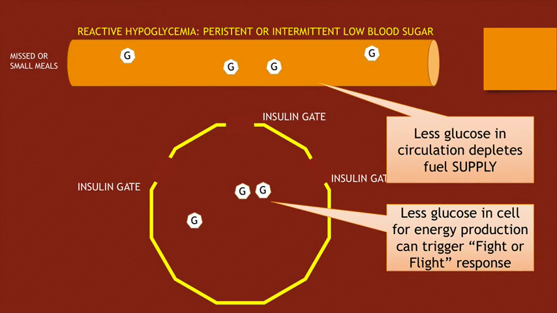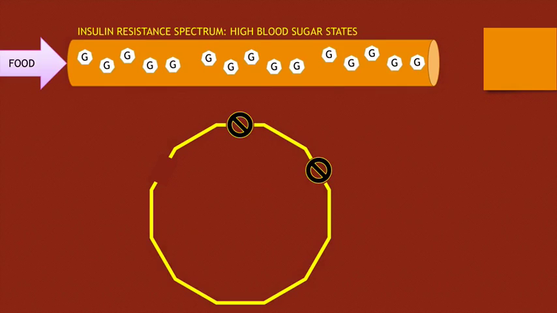So, for example, if it's a heart muscle, if it's a skeletal muscle, if it's a neuron in your brain, if it's your pancreas or your liver, all of these cells require steady, consistent, stable fuel, so that at any moment, if that cell needs to pull some glucose to get energy to do its job, it has to be there and it has to be available, right? So this is our reactive hypoglycemic with persistent or intermittent low blood sugar states.